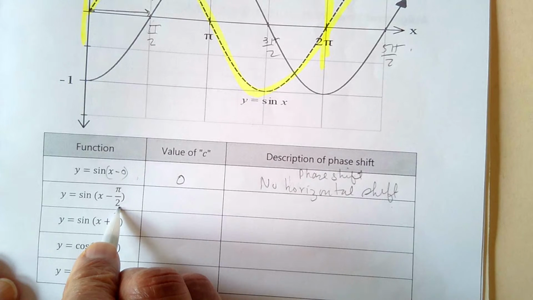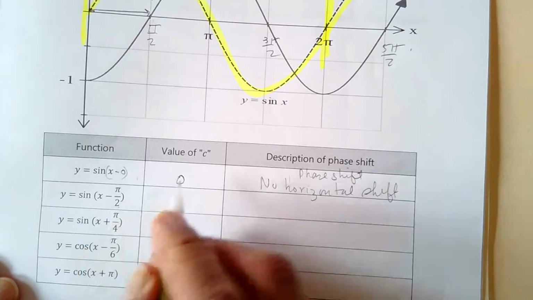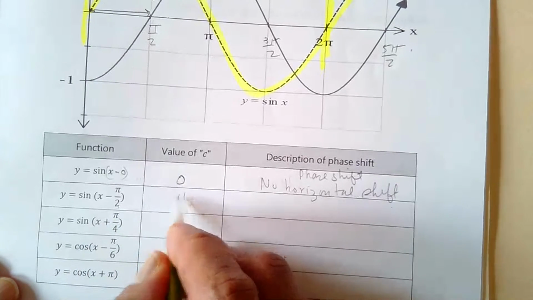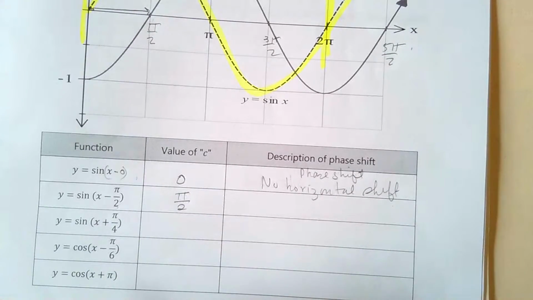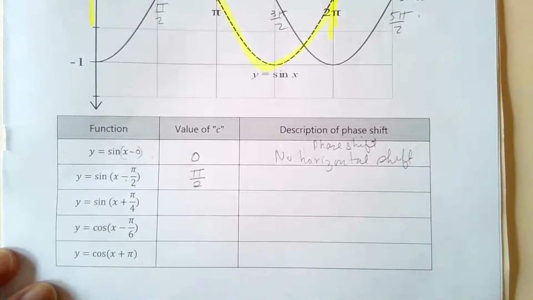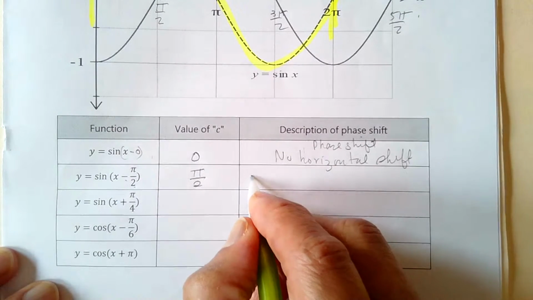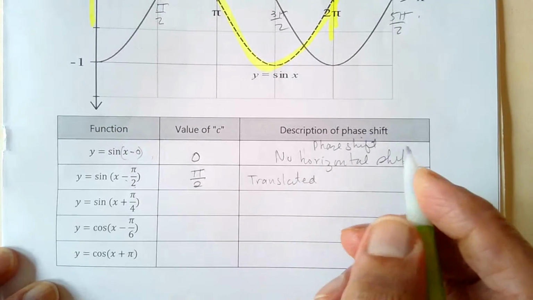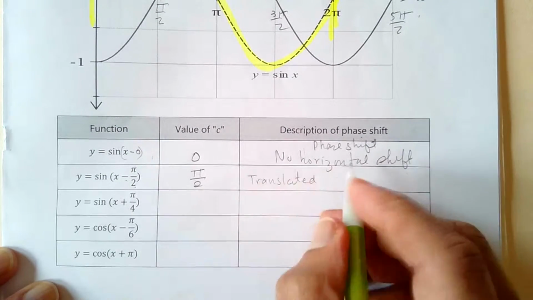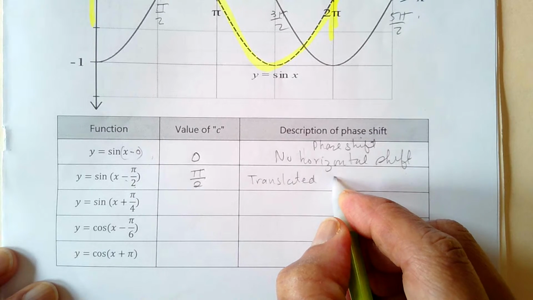Here we have a value of c which is pi over 2, but because it's negative, we'll say it's translated pi over 2 units to the right.